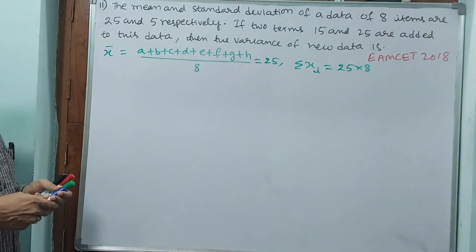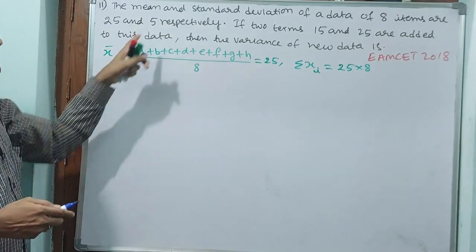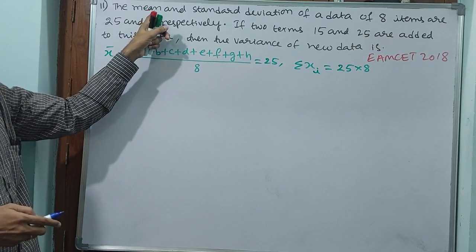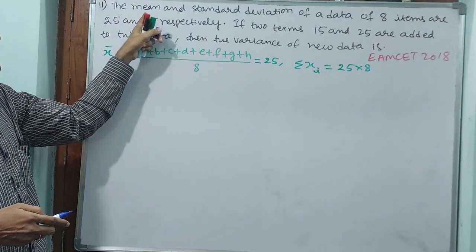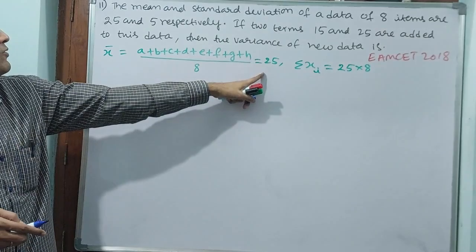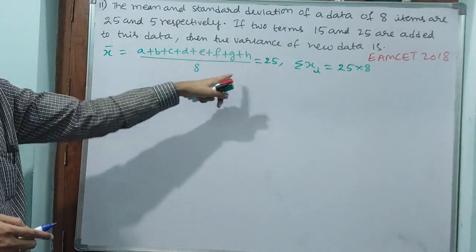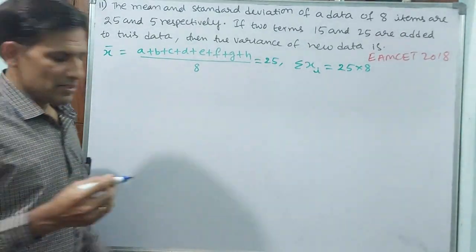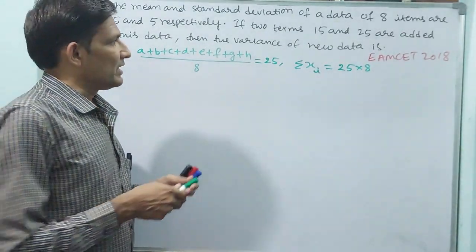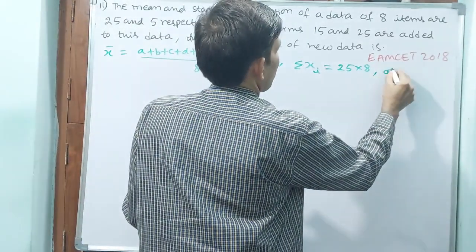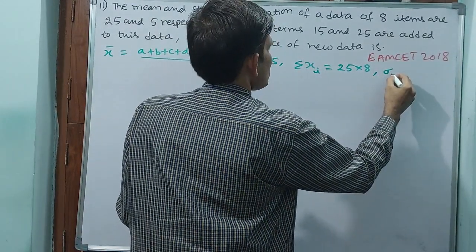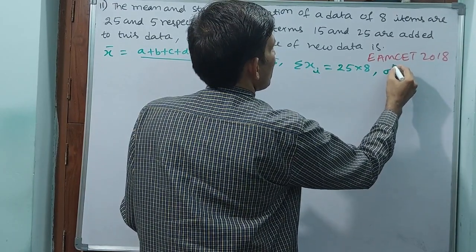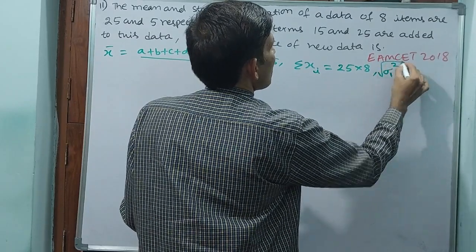Now the second one, standard deviation, not variance, they have given. I will write standard deviation here: sigma 1, or else sigma 1 square under root.